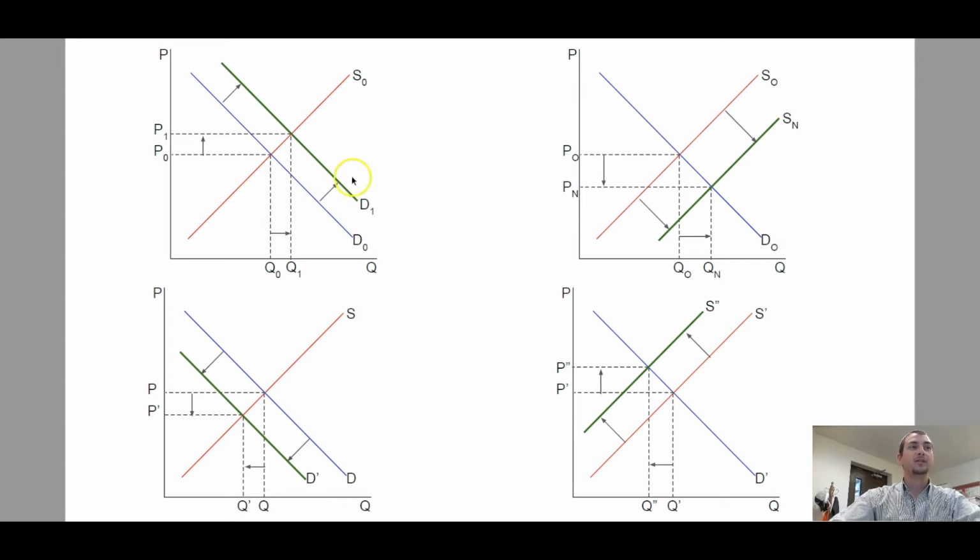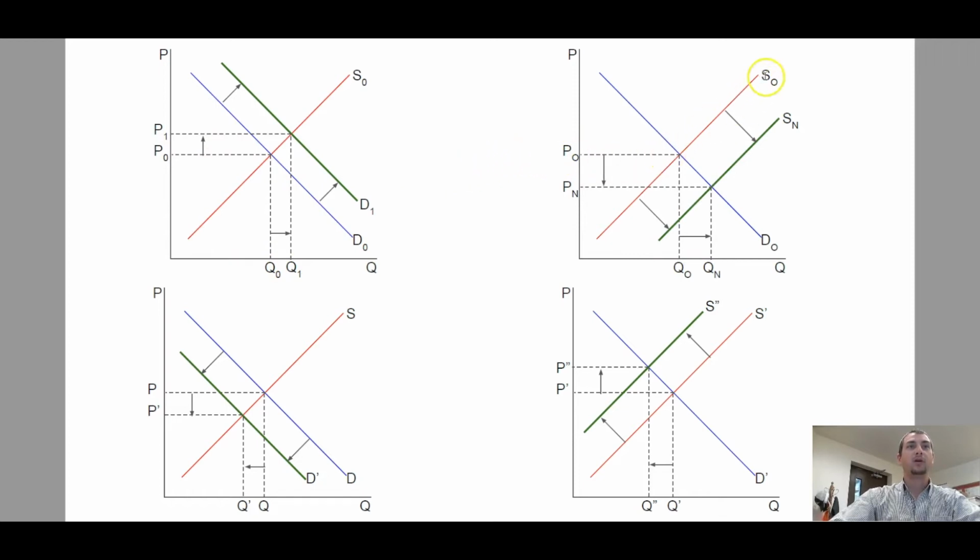Another thing to notice is that we have the equilibrium price and quantity off of this original graph clearly marked. Here the original price is P0 and the original quantity is Q0. Here we have the same thing, only this is P original and Q original. Why do we have P original and Q original here and P0 and Q0 over here?